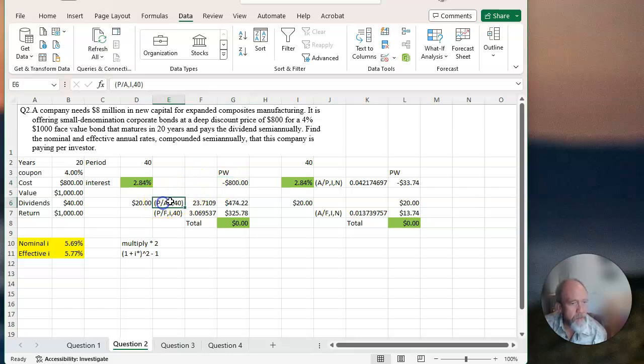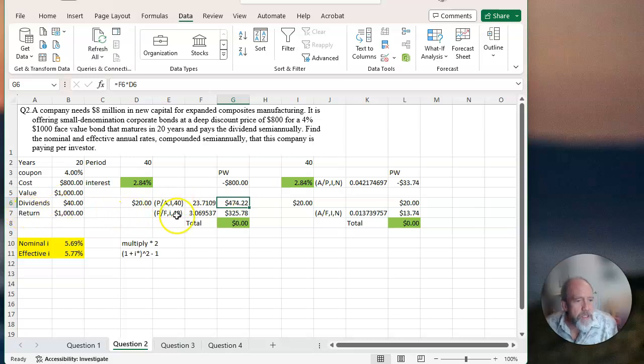If I want to take the present value of those payments, I can do the P over A formula. But remember, you've got an interest rate, which we don't know right now. Just put some value in there because it's the effective interest rate that you're looking for. Use the P over A, that interest rate, and the 40 pay periods, and you can get the present value of the payments.